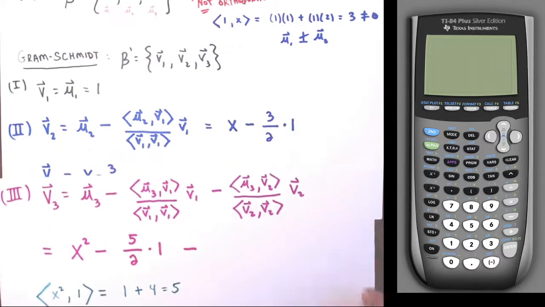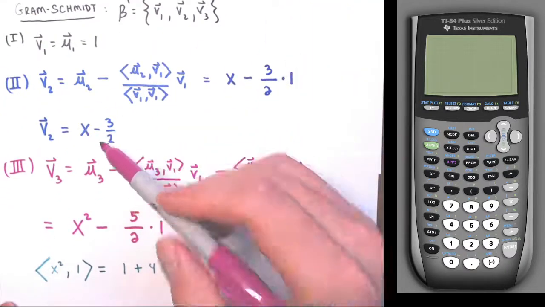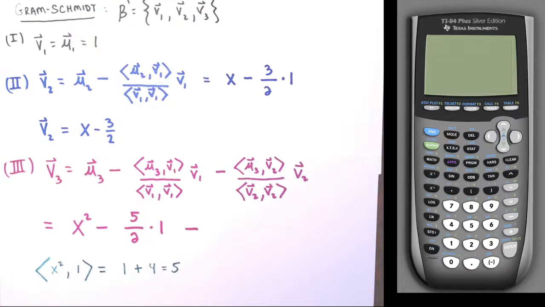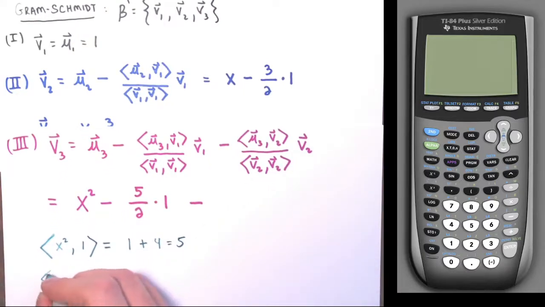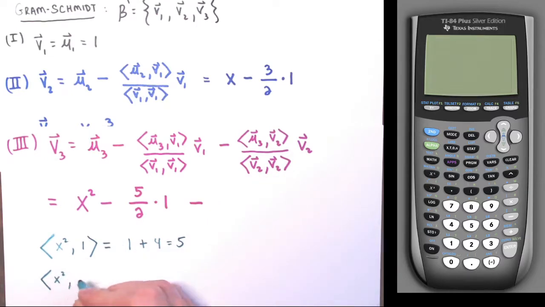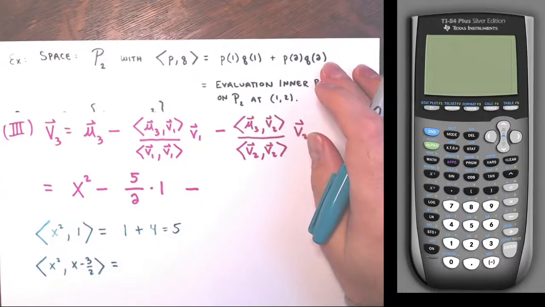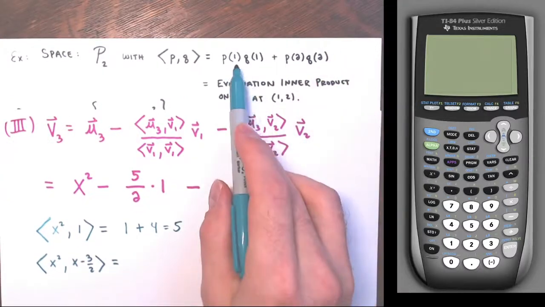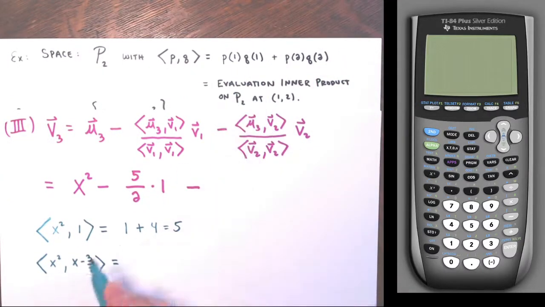Now v2 is x minus 3 halves. So I'm trying to find the inner product of u3 with v2, so x squared with x minus 3 halves. Going back through the rule for the inner product, this is the product of both polynomials at 1. So that's 1 times, 1 minus 3 halves is negative half, so 1 times negative half, that'd be negative half.